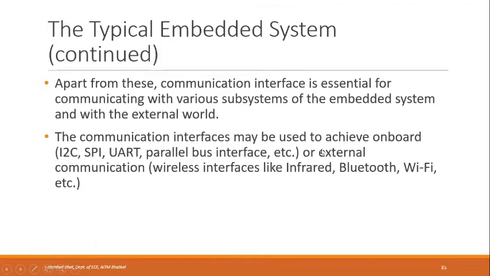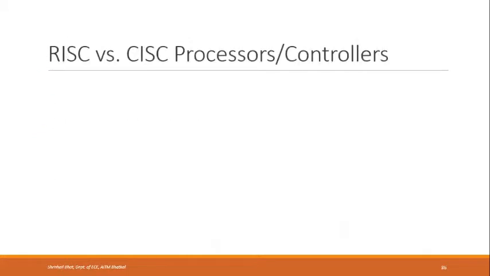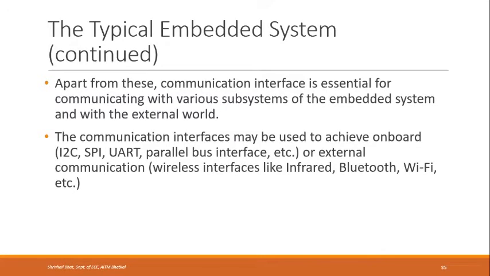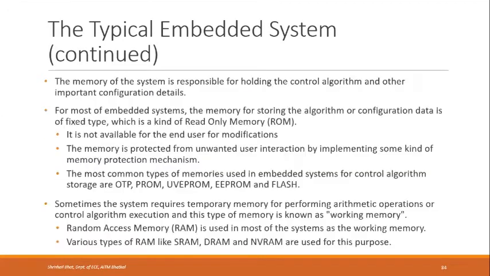Or it could be external communication like infrared, Bluetooth, Wi-Fi, Zigbee, or GPRS, 2G, 4G, all those things. These come under external communication interfaces, and these could be wired interfaces as well as wireless interfaces, depending on what you use. So this is about the typical embedded system.